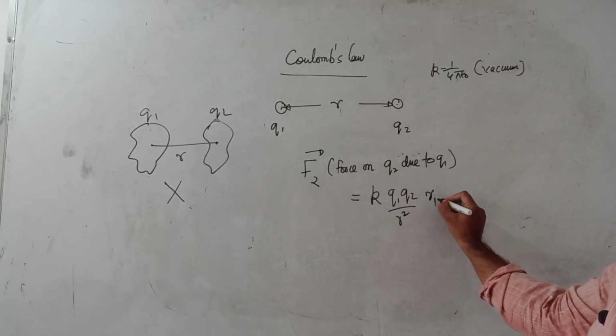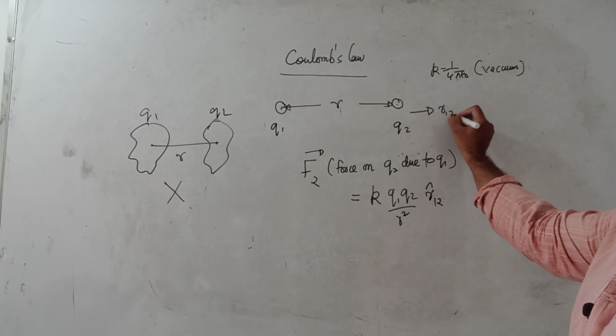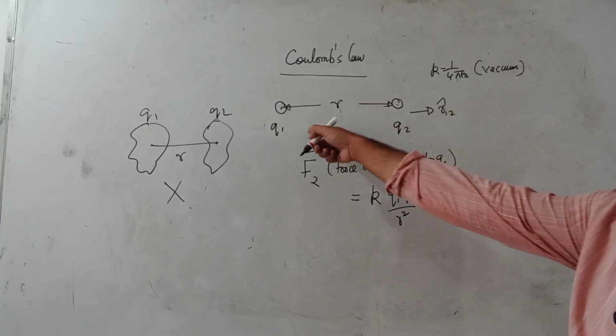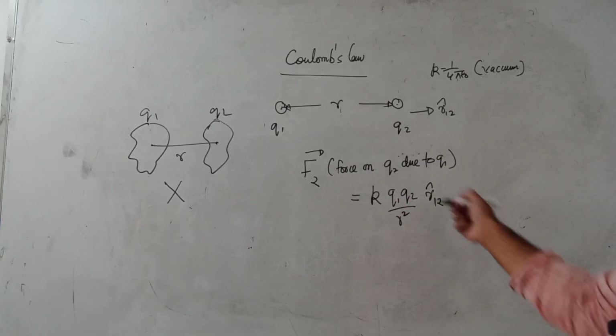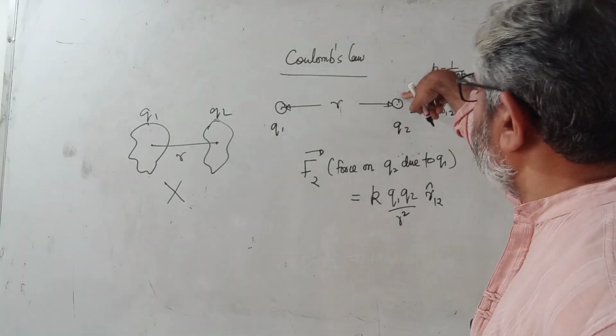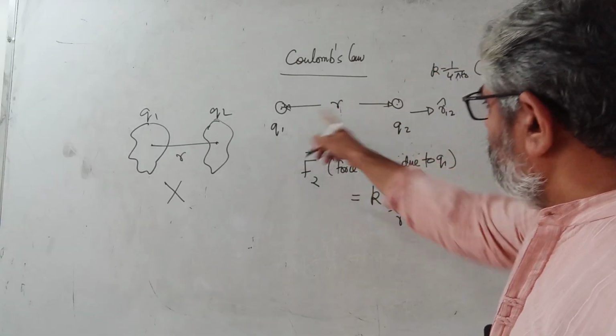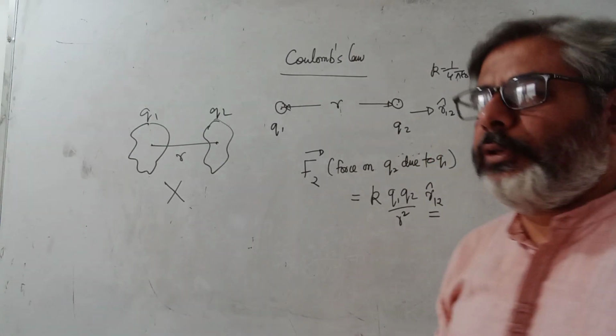So there is this unit vector in this direction from 1 towards 2. Now how is it important? It is important because it tells us that the force on this due to this charge is in the direction of unit vector R12.